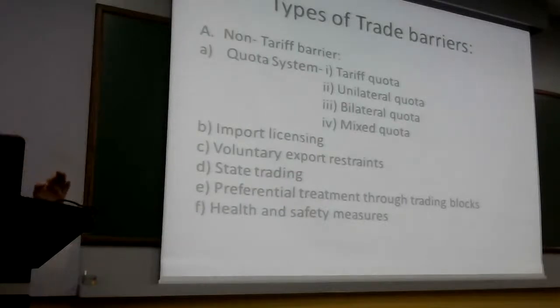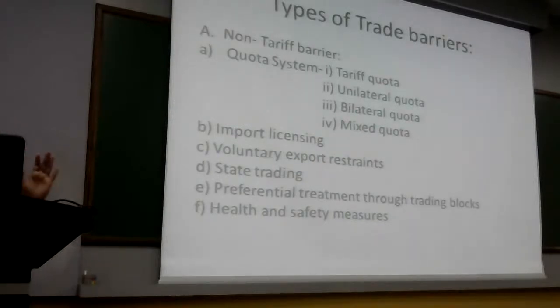Okay. See, mixed quota: the government is going to put a particular rule and regulation. In that, it will be clearly mentioned that if you are having a manufacturing plant in any country, first you have to utilize the raw material available in that country to a certain percentage. Only after that, you can go for importing the raw materials from foreign countries in order to complete the production.